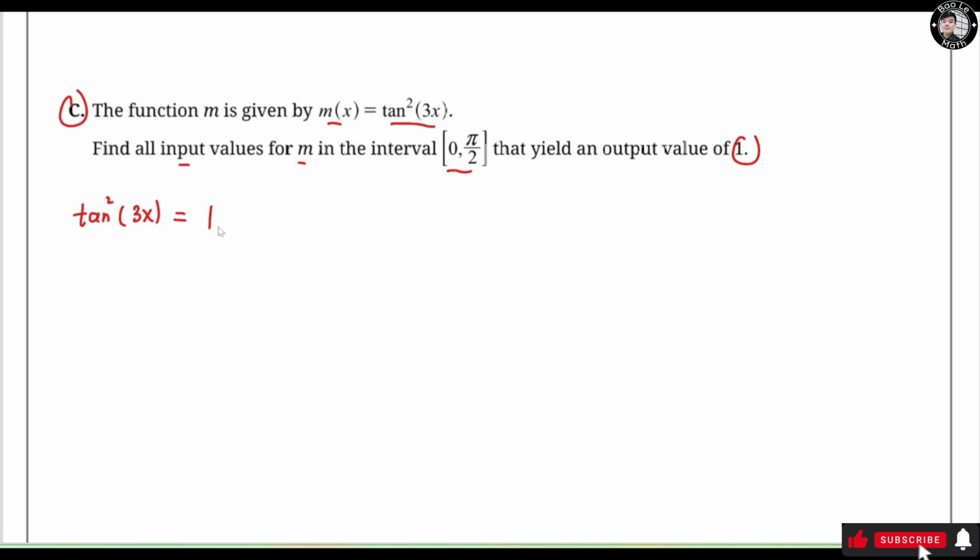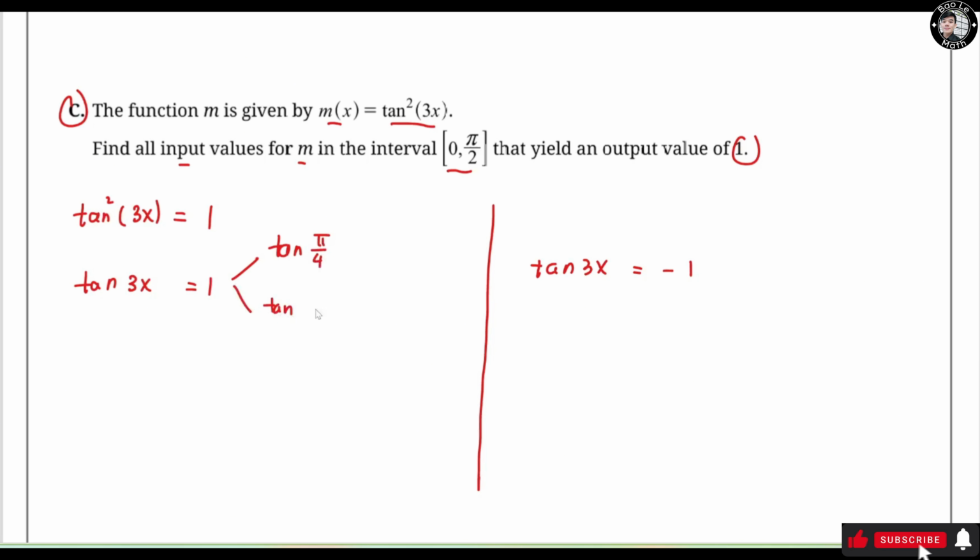Now we're going to take the square root of both sides, so we have tangent of 3s equals 1 and tangent of 3s equals negative 1, right? 1 is actually tangent of pi over 4 and tangent of 5 pi over 4, right?